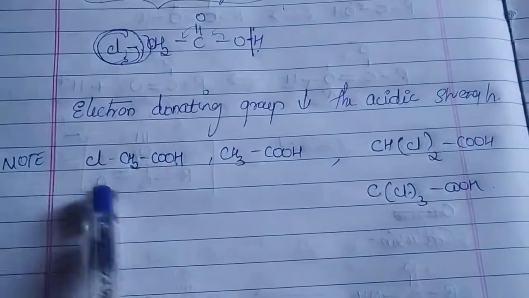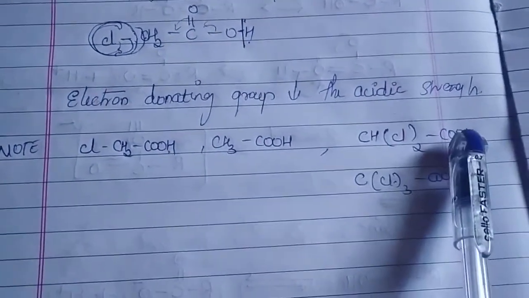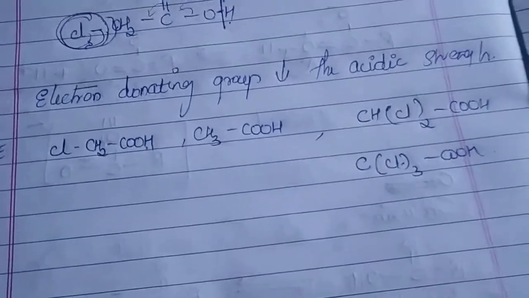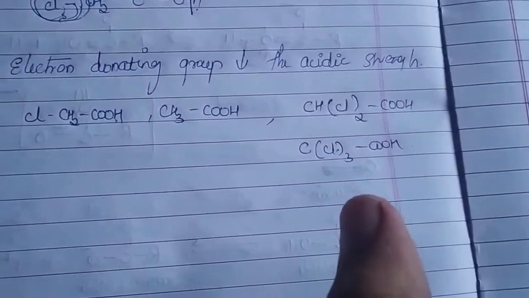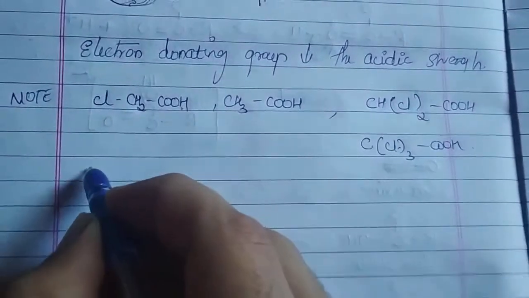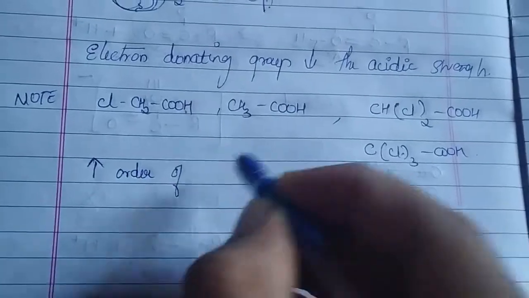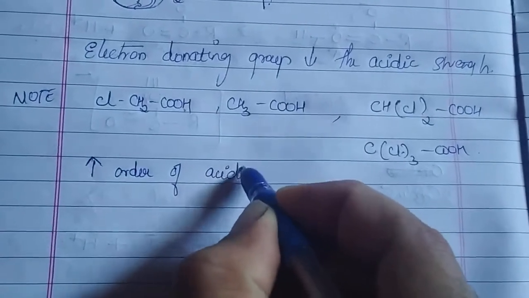Acetic acid, monochloroacetic acid, dichloroacetic acid, trichloroacetic acid. I have given you certain examples. I am asking you, arrange the following in the increasing order of the acidic strength.